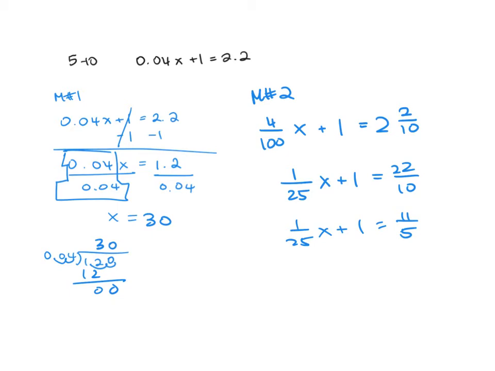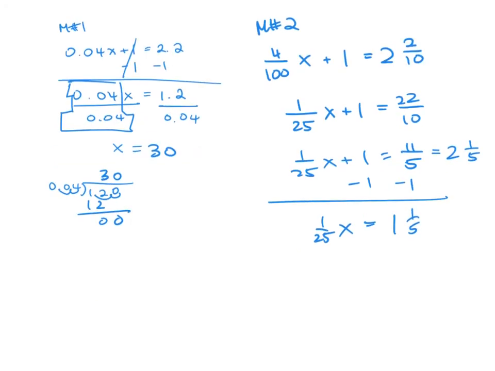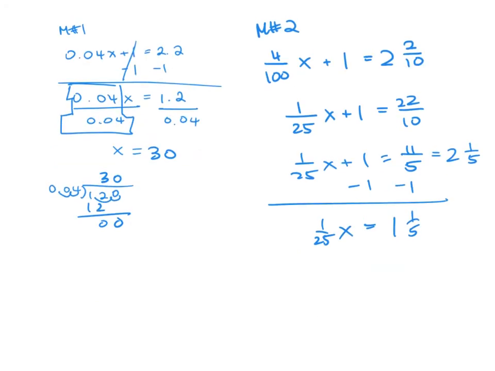Okay, so now, would it be easier to work with like this? Well, I could subtract 1 on both sides, right? And I get 1 over 25 x equals, well, 11 over 5 is the same as 2 and 1/5. So maybe it was easier with mixed numbers. 2 and 1/5 minus 1 is 1 and 1/5. Okay, and to get x by itself, I can multiply by 25 over 1 and multiply this side by 25 over 1, because what I do to one side, I have to do to the other.